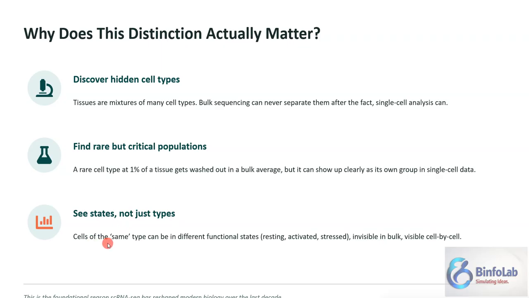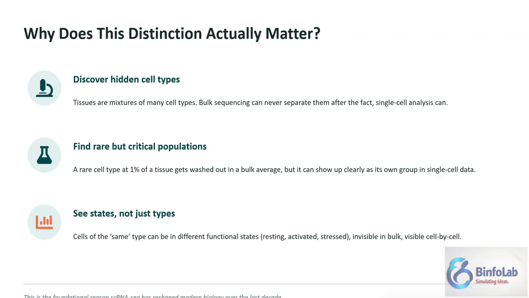Cells of the same type can be in different functional states: resting, activated, stress. Invisible in bulk, visible in cell by cell, or single cell, RNA sequencing. That means if you take a whole tissue, make a mixture of it and perform bulk RNA sequencing, then in the body the different cells can be in different states, for example resting, activated, or stress.